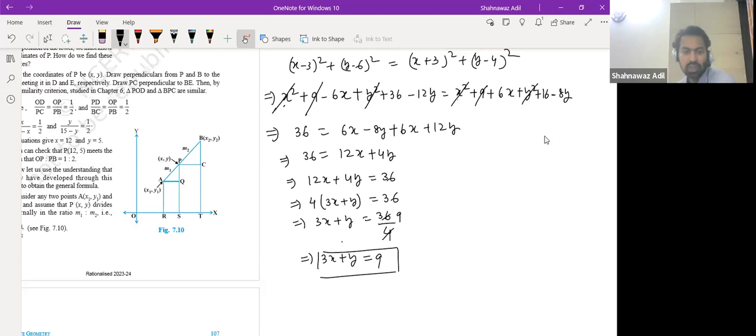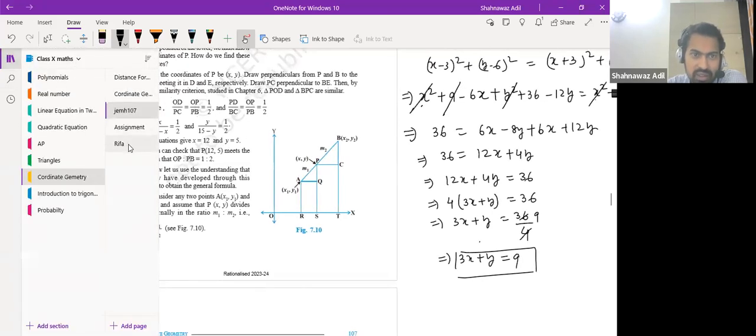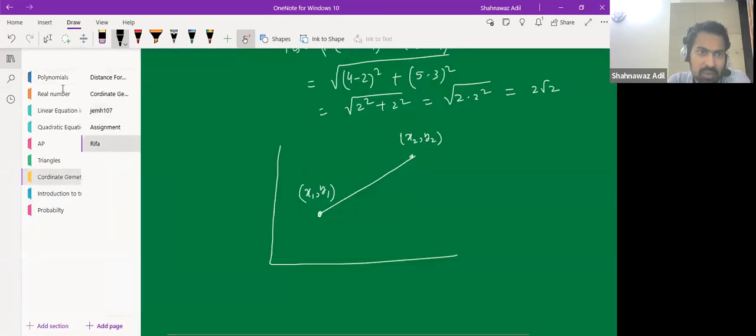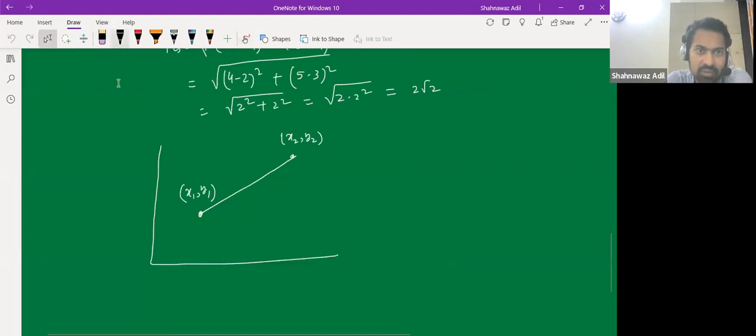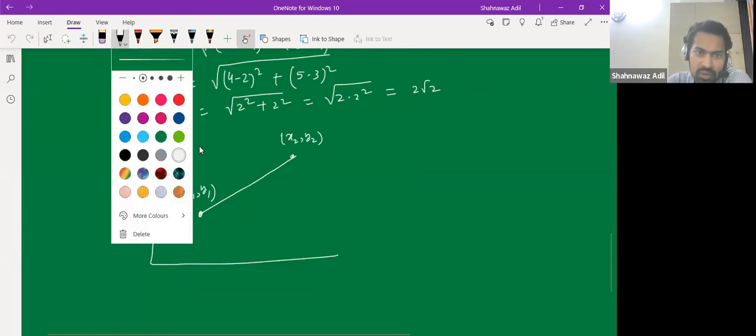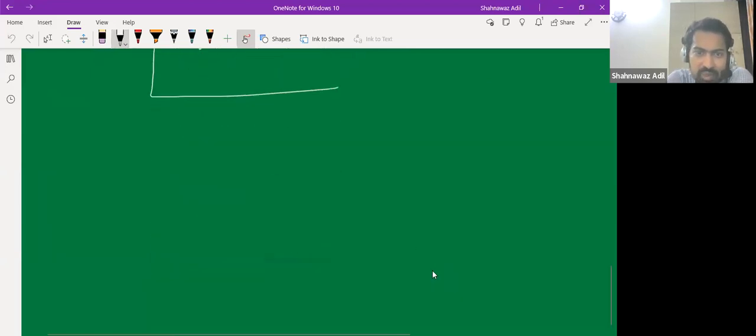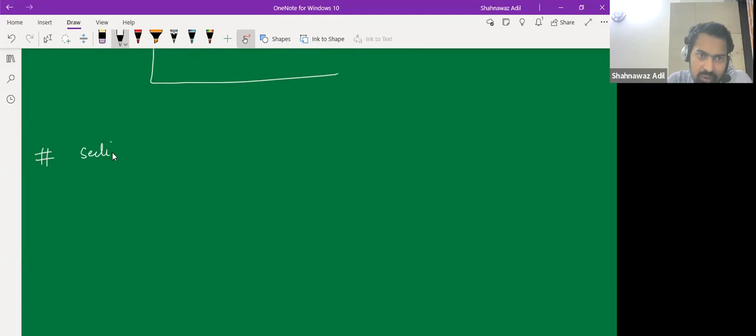Yeah, finished. Okay, so now the distance formula is done. Now let us understand the concept of the section formula. What do we understand about the section formula?